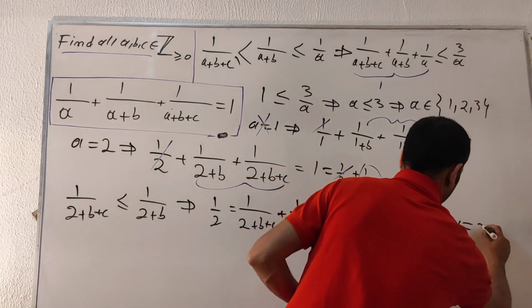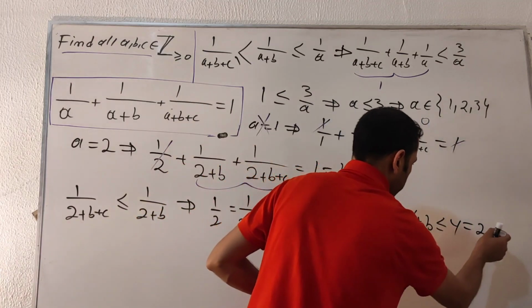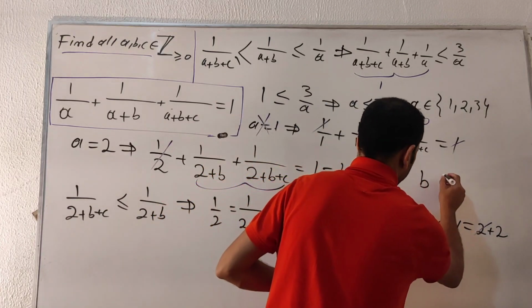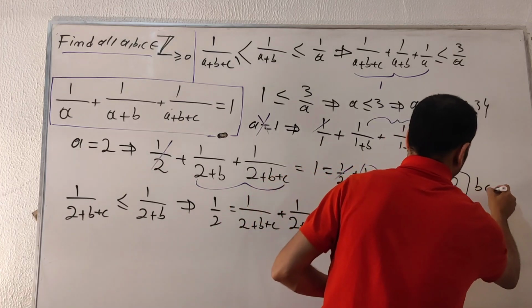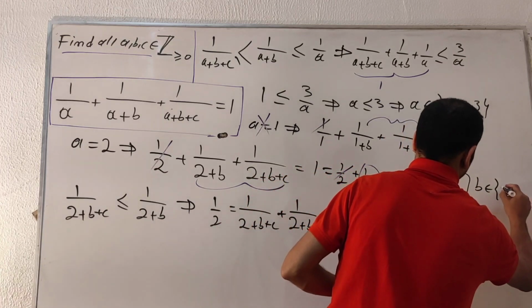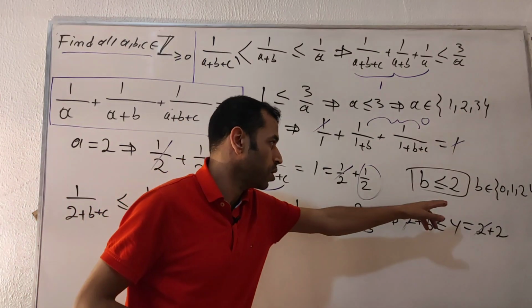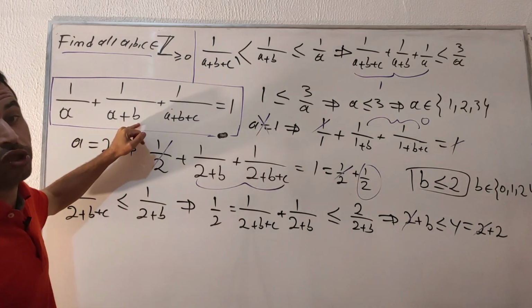Since 4 equals 2 + 2, cancelling 2 from both sides, b is less than or equal to 2. So b belongs to the set 0, 1, and 2.